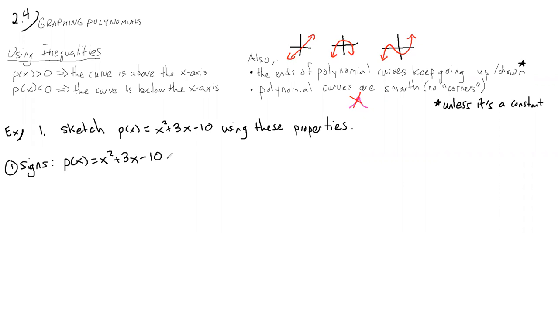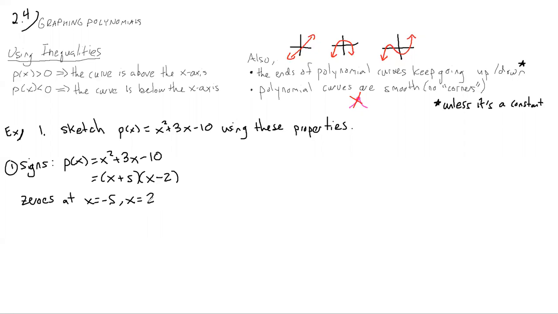To figure out these signs, we want to factor, if you recall. So we're basically solving inequalities to figure out the signs. So this will be x plus 5, x minus 2, the two numbers that multiply to negative 10 and add to 3. And so I know that I get my zeros at x equals negative 5 and x equals 2.